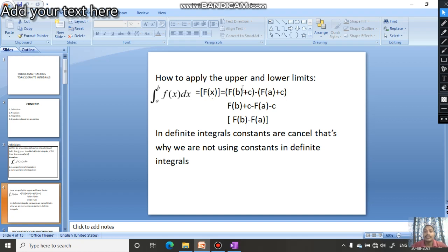In indefinite integration, we add some constant. But here we are not adding any kind of constant, because when we apply upper limit minus lower limit, the constants are cancelled out automatically. That's why in definite integrals we do not use any constant.